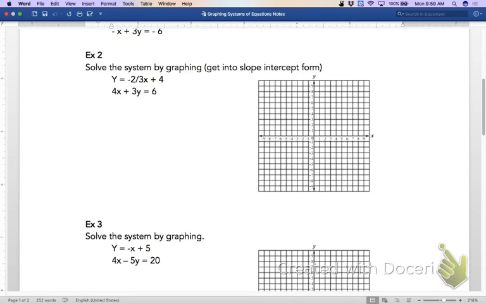Where am I going to start my graph? At 4. From there, where am I going to go? Down 2, over 3. I'm going to do it again. And I usually just do it until I basically run out of room.